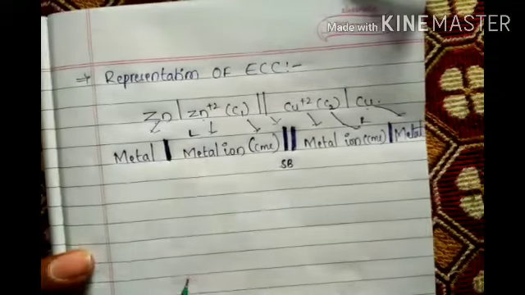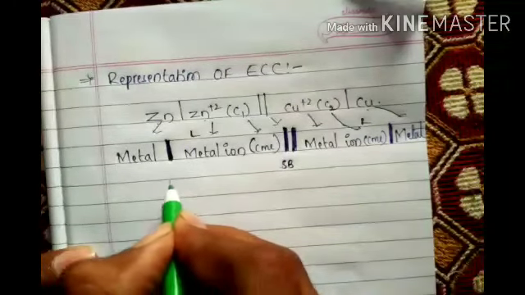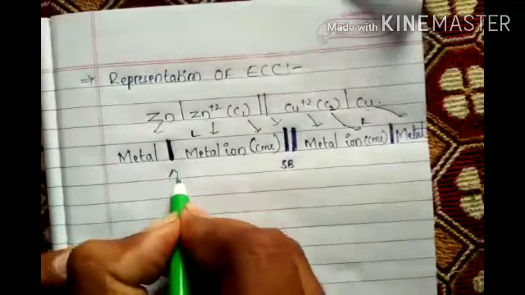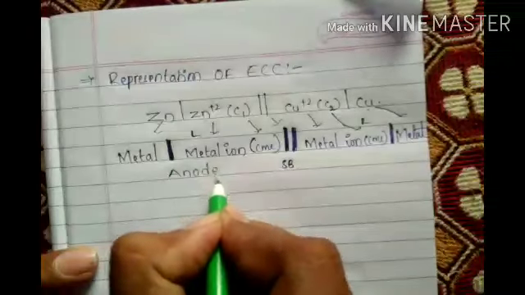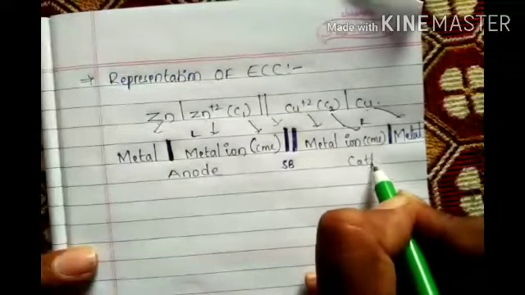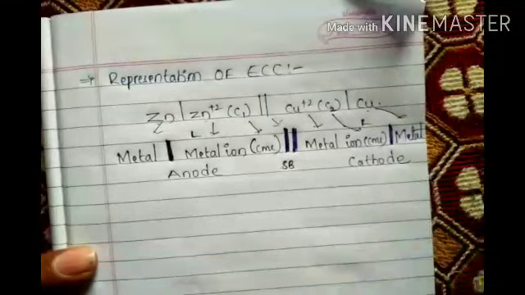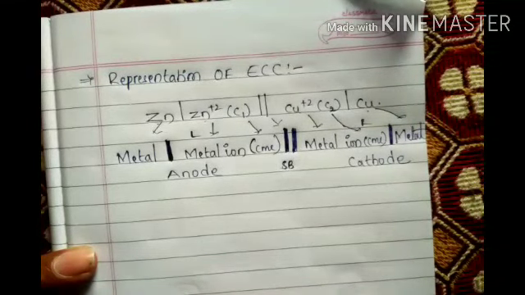Now next, this side of the salt bridge is the anode, so automatically the other is the cathode.